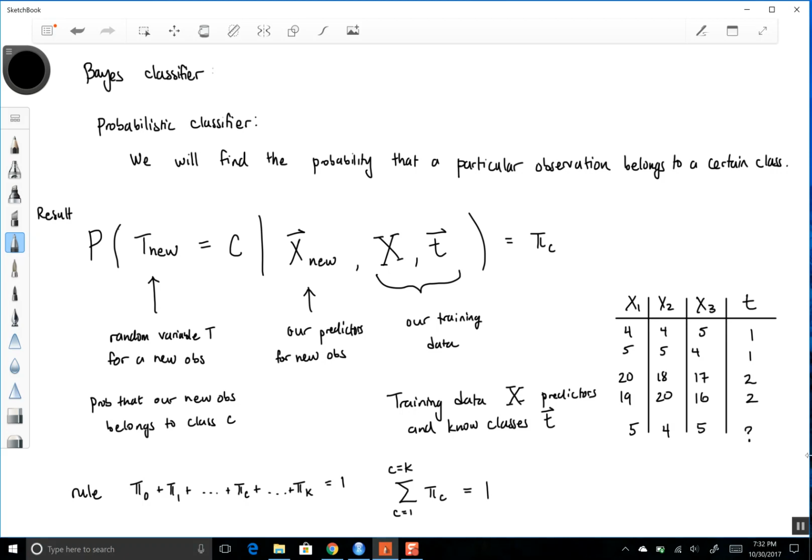And in this silly example, we would say it's pretty likely that it's going to be class 1, right? In this case, there's high correlation between x1, x2, and x3, so we can just look at x1 and make our decisions accordingly. But this is basically what we have, right?